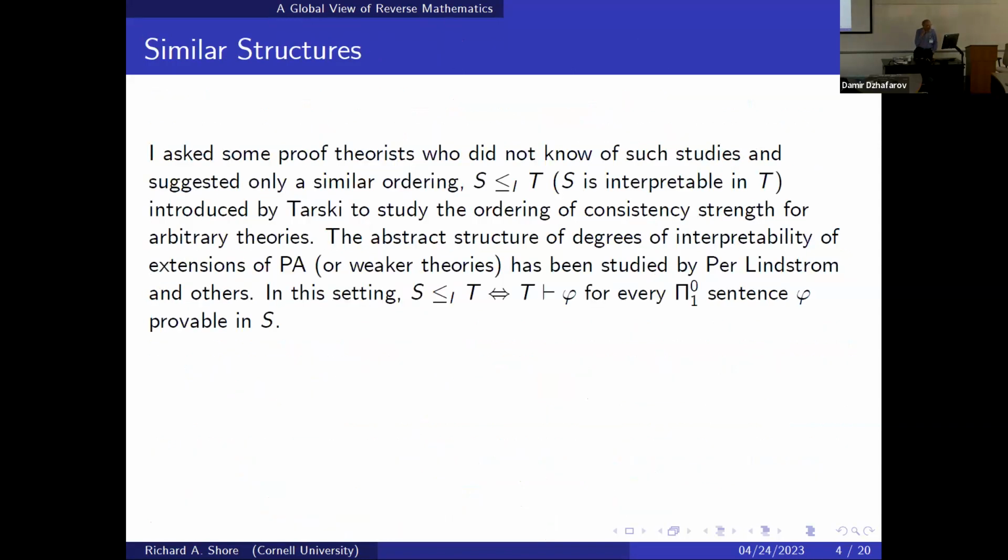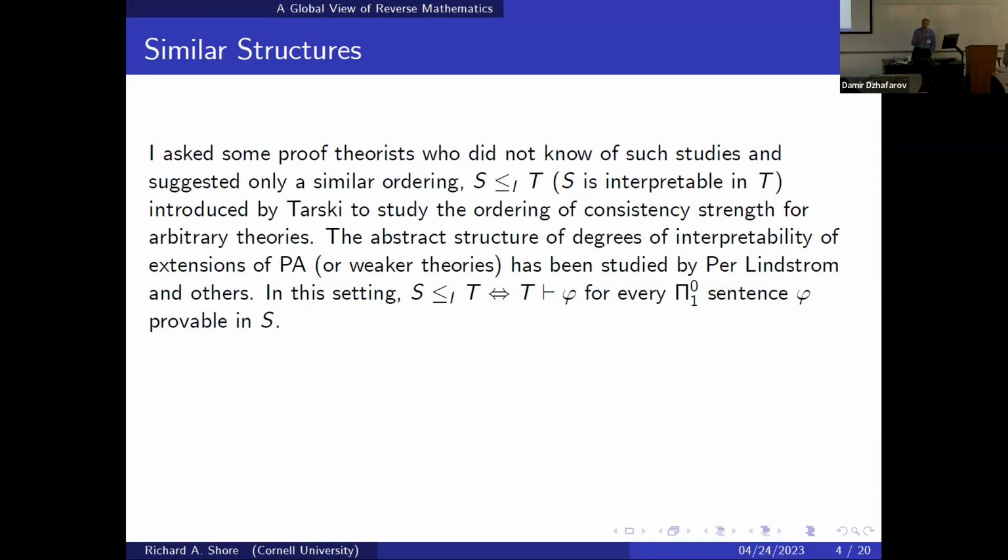So after I started thinking about it, I thought maybe I should check that all this was known. And so I asked a few proof theorists who said, no, they never heard of anyone doing this. I said, great, so I'll keep working. They mentioned a couple of similar things, like instead of ordering by provability, you can order by relative interpretability.